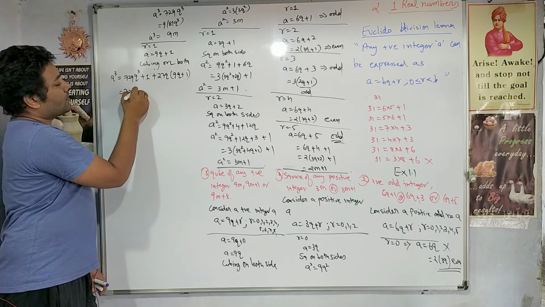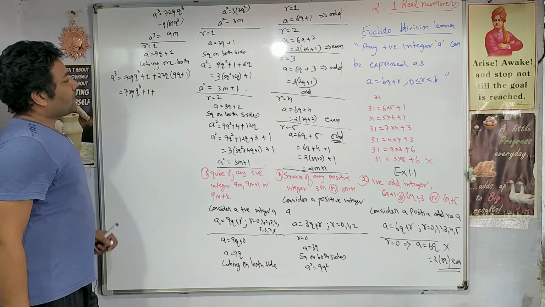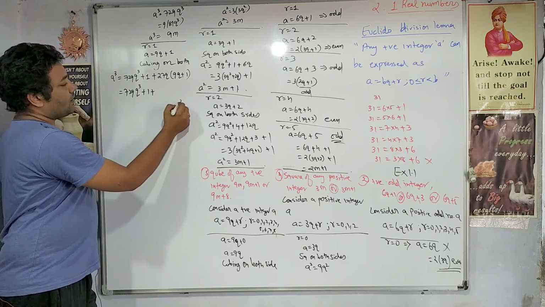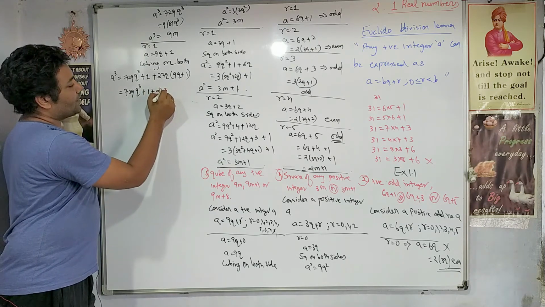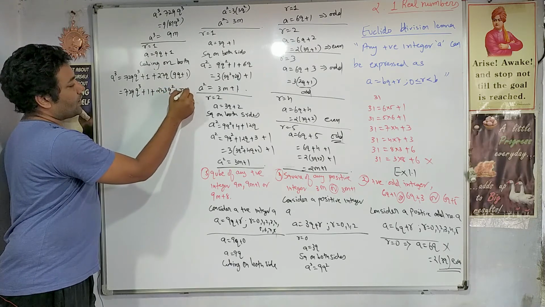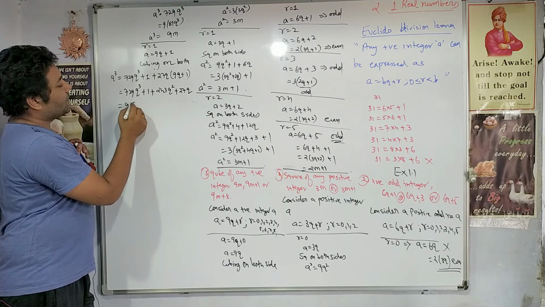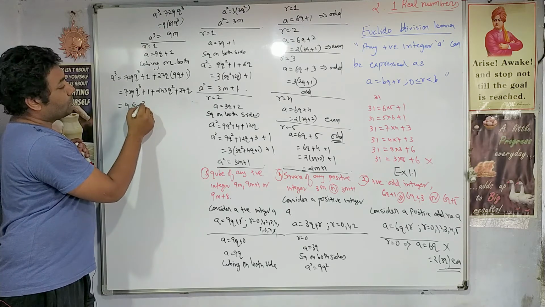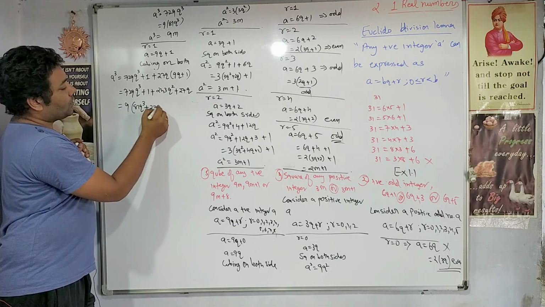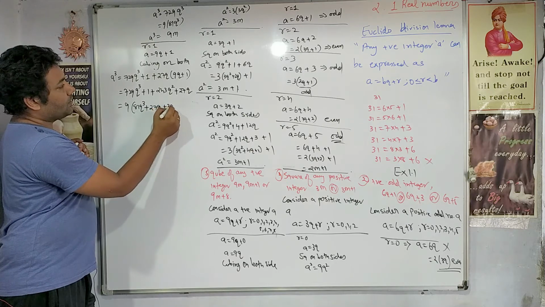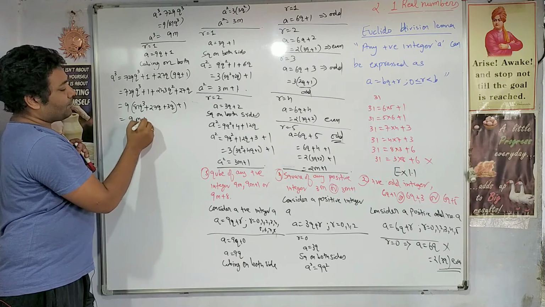So if we solve this, it will be 27 nines are 243, so 243 q square plus 27 q, correct? Again here if I take out 9 common, it will be 81 q cube, 27 q square plus 3q and this plus 1, so this is again some number, so 9m plus 1.